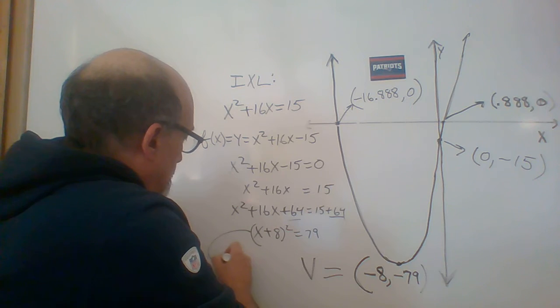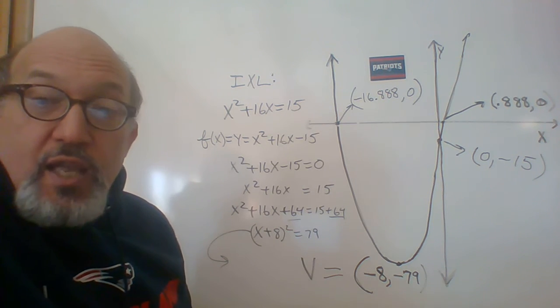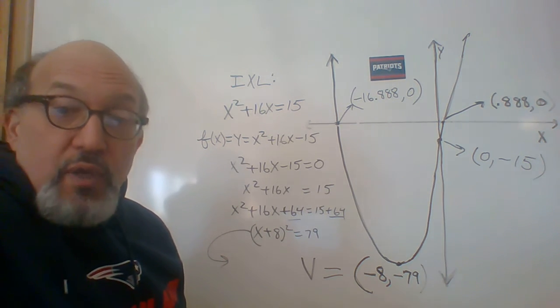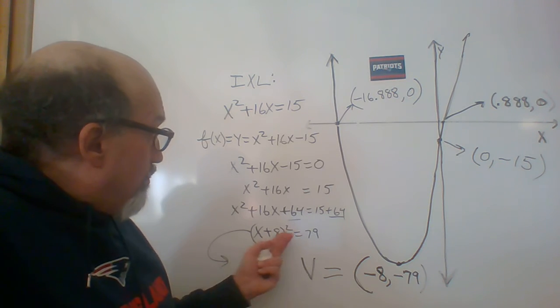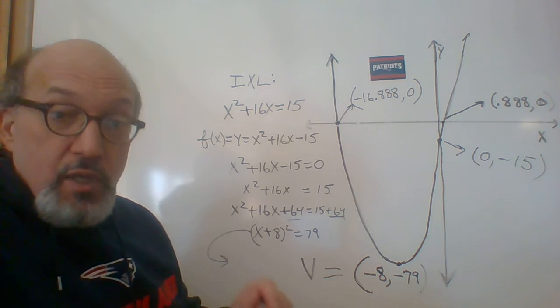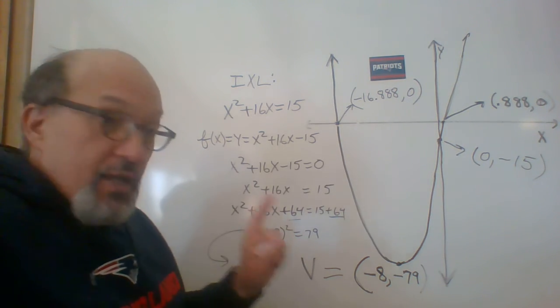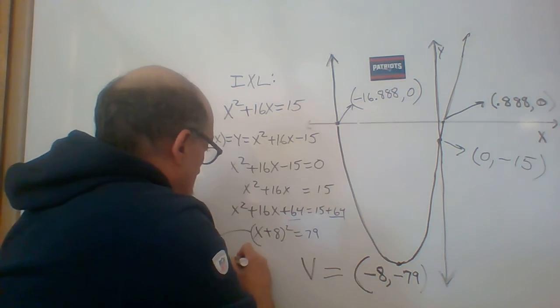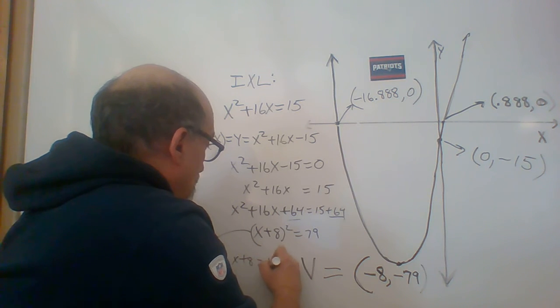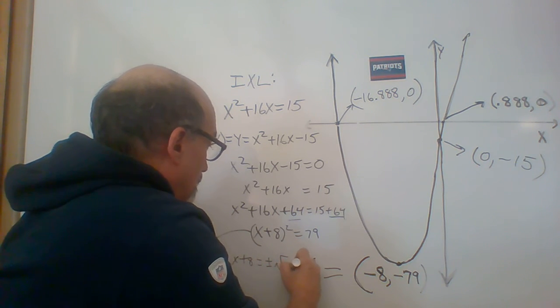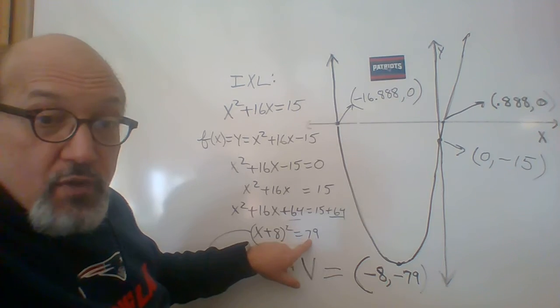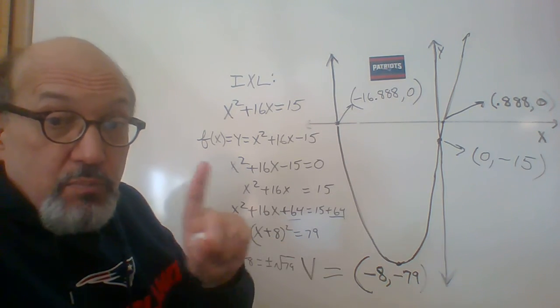At this point, there's just what I'd like you to see as an automatic reflex. When you have a number squared equals a number, in this case, the number being squared is x plus 8, the x plus 8 is going to be plus or minus the square root of 79. Now, that 79 was not a perfect square, but it is positive.